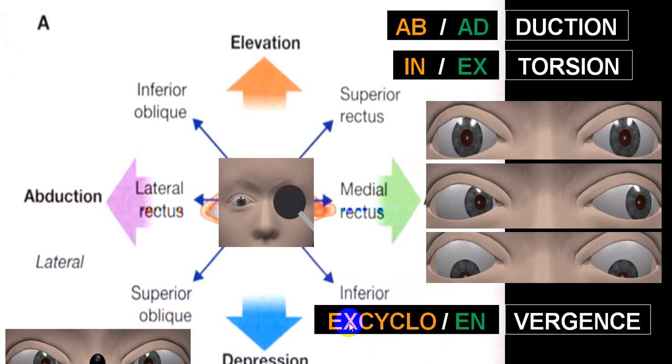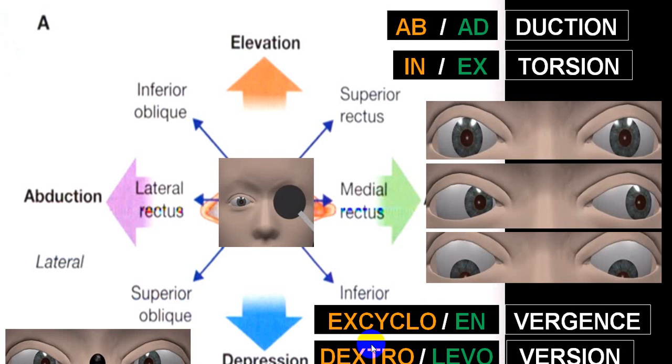Also, the words utilized are excycloversion and encycloversion. And during rotation, you use the word version. There is another word utilized, dextro and levo. Dextro means moving to the right side, levo means moving towards the left side. So dextroversion, levoversion.